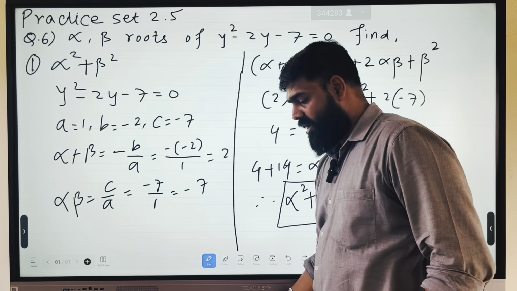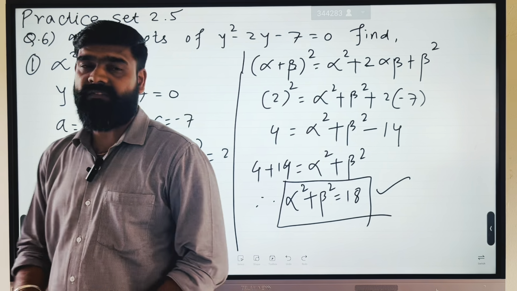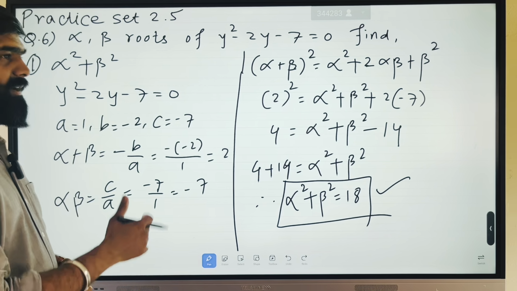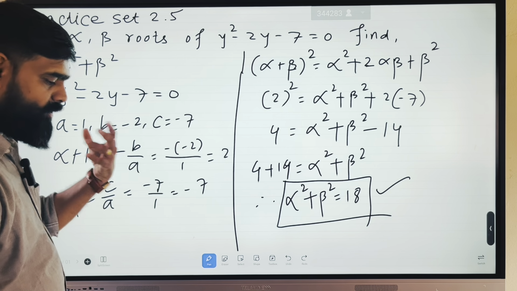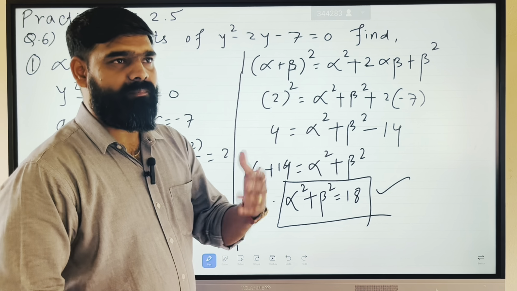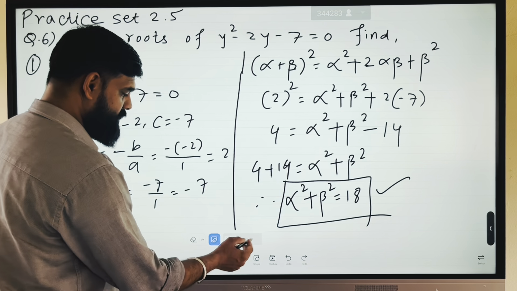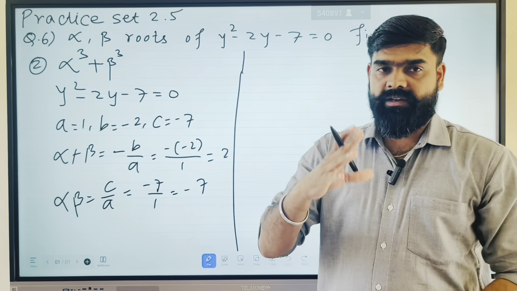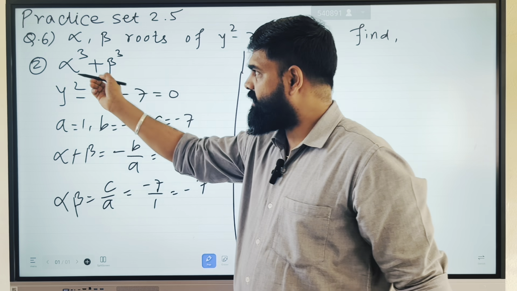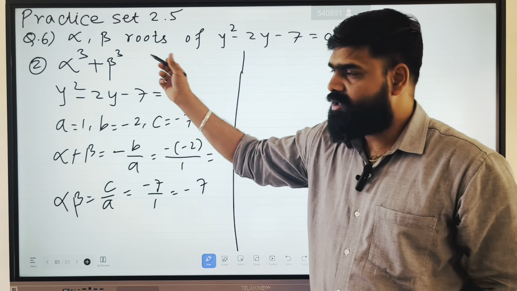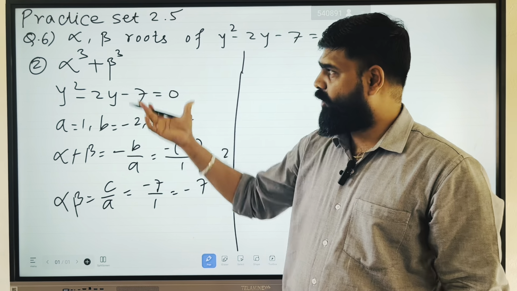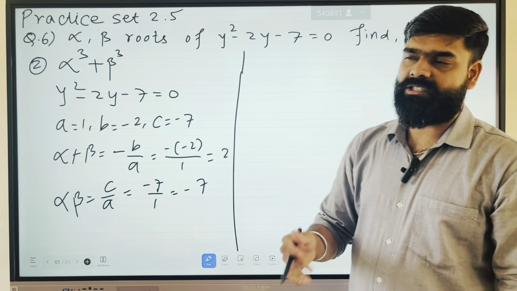In this we have another question, that is alpha cube plus beta cube. Similar question, but we have to use the alpha plus beta whole cube formula for this. So let us solve this question. The second question is alpha cube plus beta cube. We will require the same data for this question, we just have to change the formula.